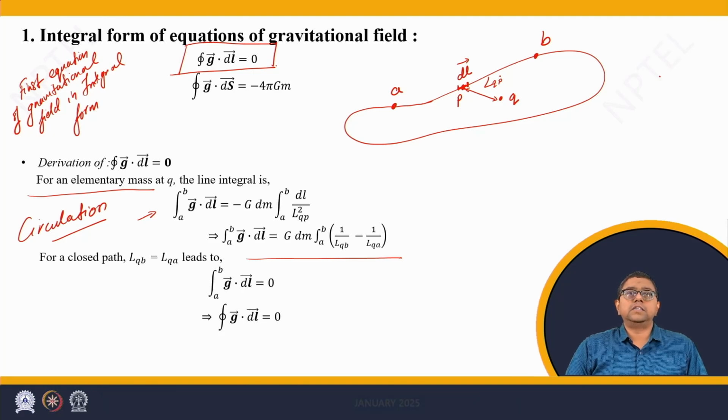Thus, the circulation can be given by minus g dm, which is the elementary mass, multiplied by the integral from a to b of dl by LQP square.